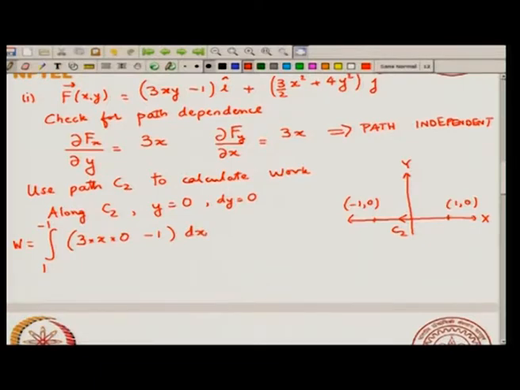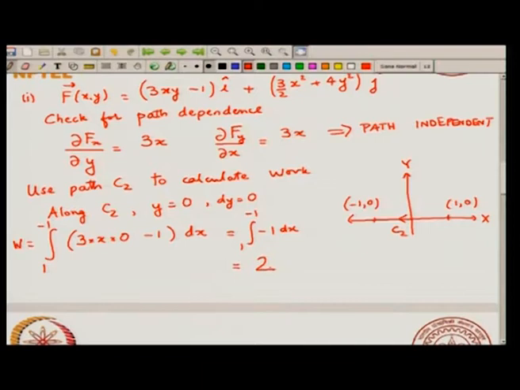Remember dy is 0, so I do not have any term involving dy. So then I just get -1 dx. This is equal to the integral of -1 dx from 1 to -1. So x is going from 1 to -1, and this is equal to 2.